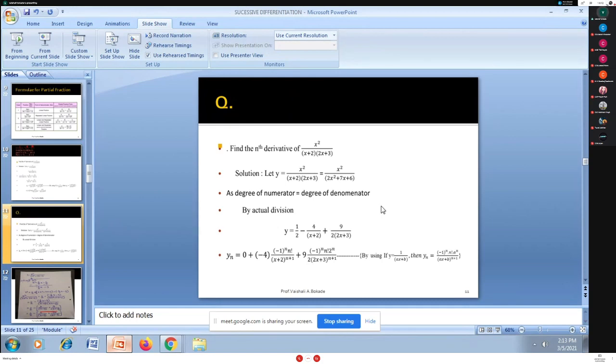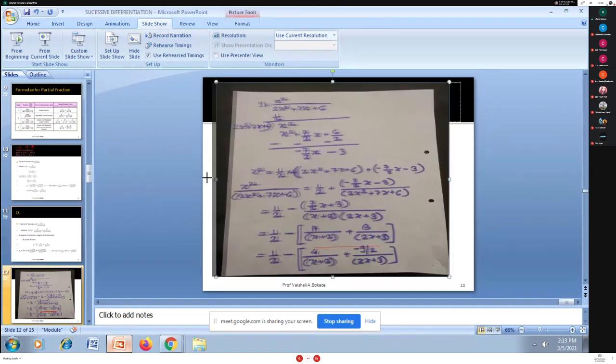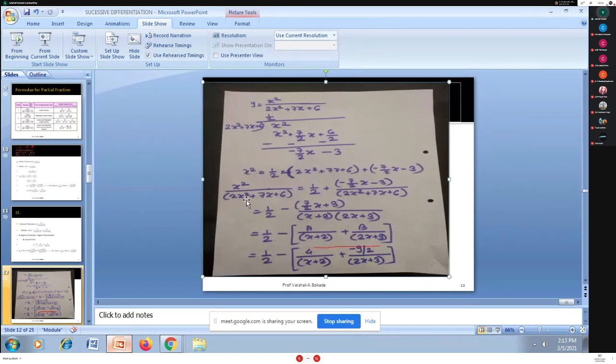So whenever the degree of numerator is equal to or greater than the degree of denominator, I proceed with actual division. What is meant by actual division? Yesterday I shared this example with you. Whenever the degree of numerator is greater than the degree of denominator, we apply the formula: dividend is equal to divisor into quotient plus remainder. On the left-hand side we keep y, and on the right-hand side sometimes we get a polynomial plus or minus a term.